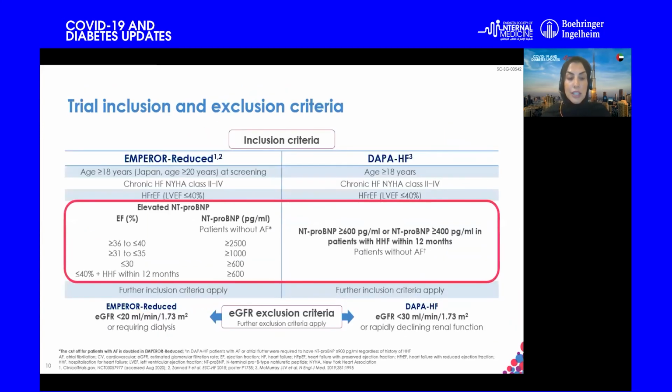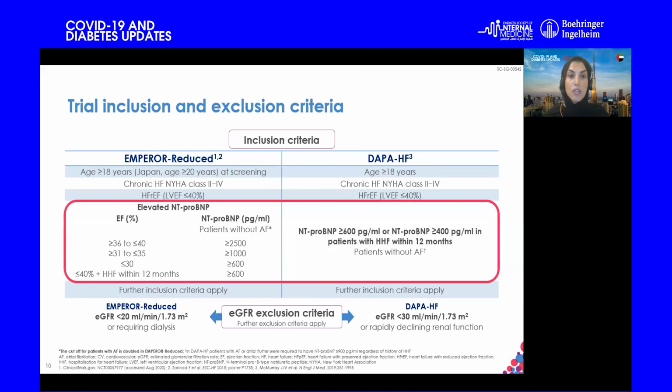So I would just like to highlight at first when presenting this slide that this is not intended at any time to be a comparison between the data of empagliflozin in the EMPA-reduced, comparing it to data of dapagliflozin in DAPA heart failure. The main objective of this trial is to present the spectrum of heart failure patients that was studied in both trials.